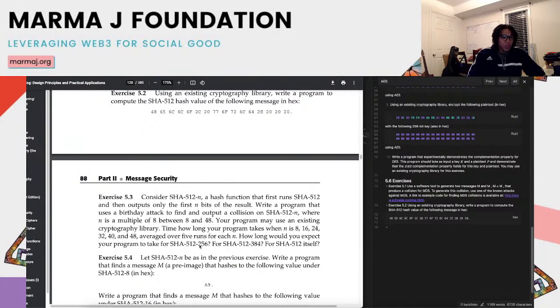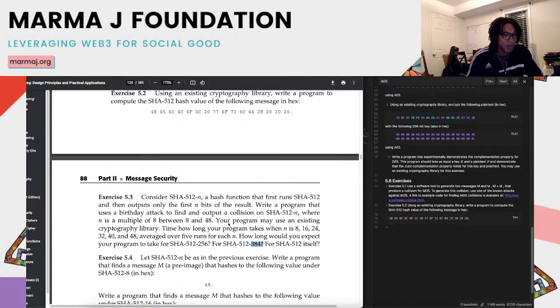But here I think it's saying it would take you a really long time to find a collision because you're truncating so much of the output. Here, you're truncating less of the output. Oh, wait. You're truncating more of the output here. So then it'd be even harder. We'd have less security.